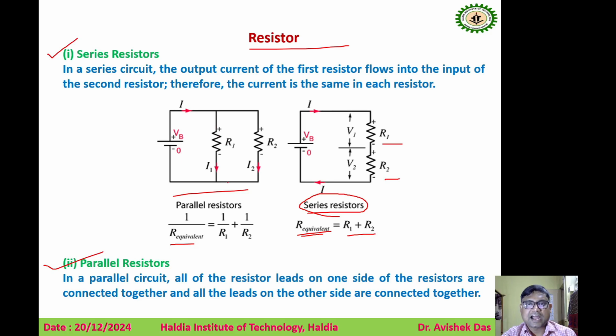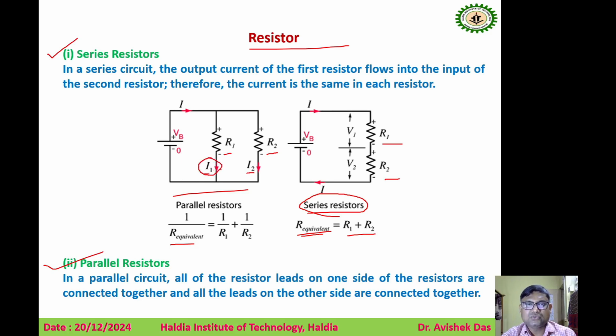And here current flows in the R1 resistor and the R2 resistor, right? The current through the R1 resistor is I1, and the current through the R2 resistor is I2. So how do you determine I1 and I2?